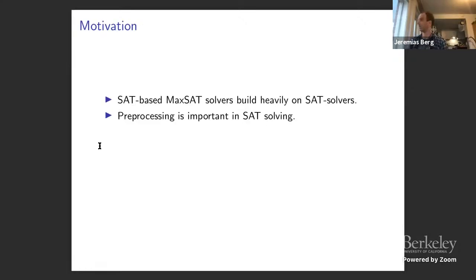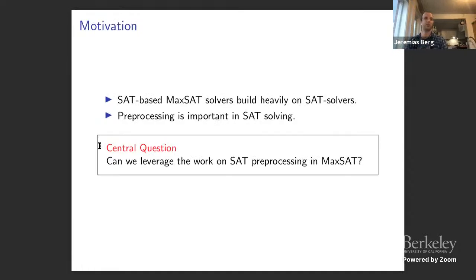So the motivation here is, since these SAT-based MaxSAT solvers make extensive use of SAT solvers, and as we heard, preprocessing is central in SAT solving, it's a very natural question to ask: can we use the nice work being done in SAT preprocessing to solve MaxSAT better?